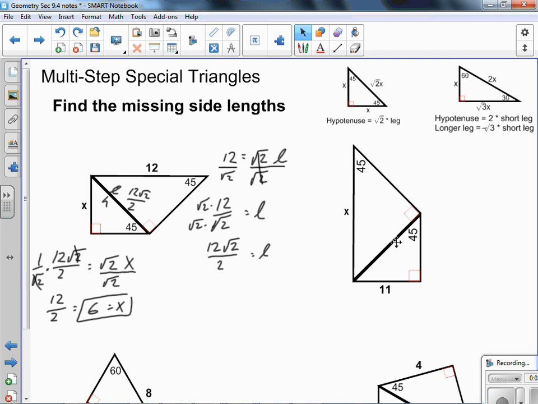All right, so then this one, next one, is similar. It's just kind of in reverse. We're starting with a value on a leg of this 45, 45 triangle, and we're trying to go to the hypotenuse. So on this one, that side is the hypotenuse, and the other side is the leg.